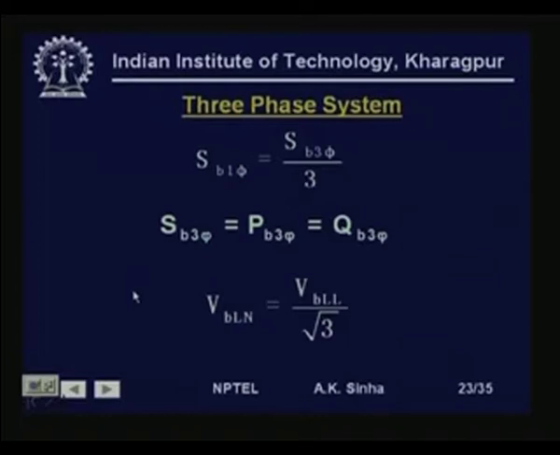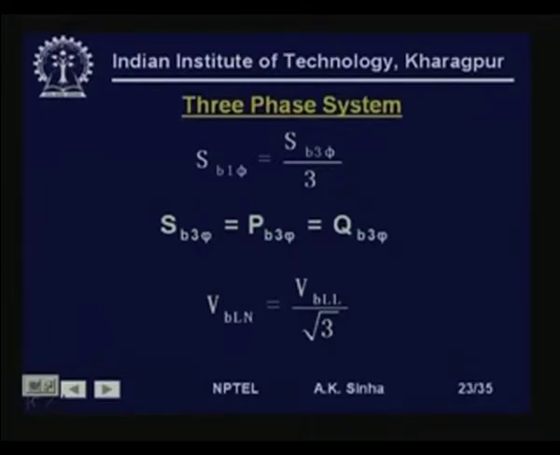Till now we talked about single phase system. The per unit system representation can be extended and used in a three phase system also in a similar way. For a single phase system, if we have chosen a base S base for single phase, this is equal to S base for three phase system divided by 3.